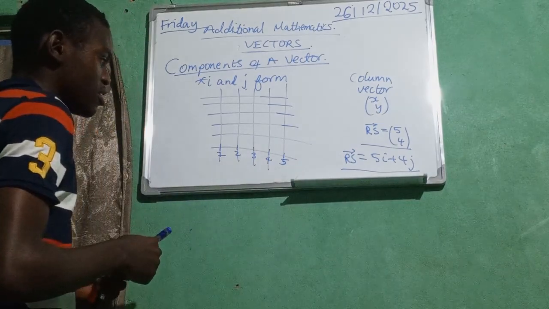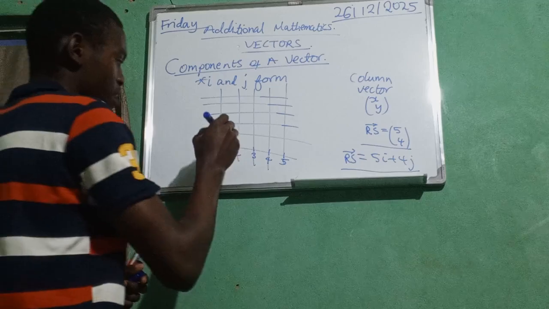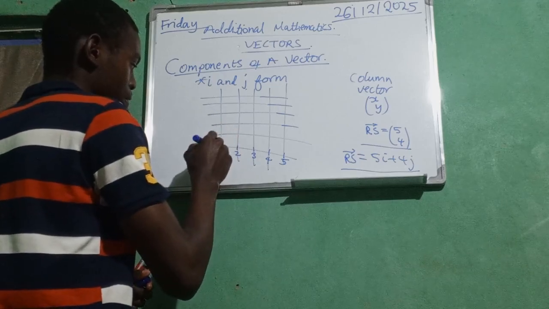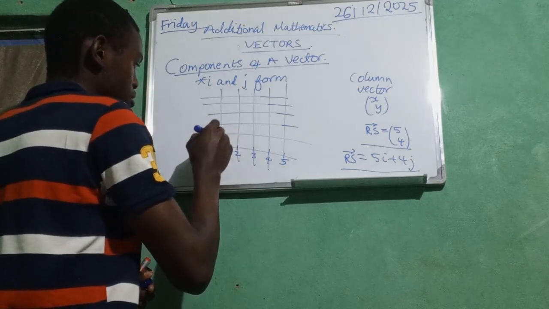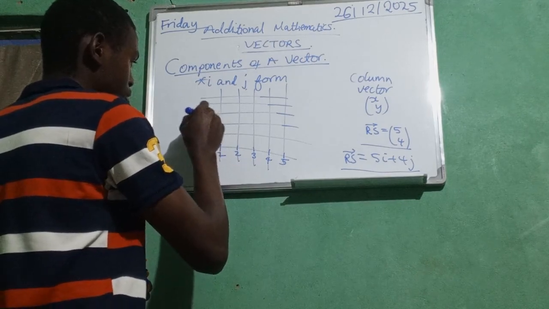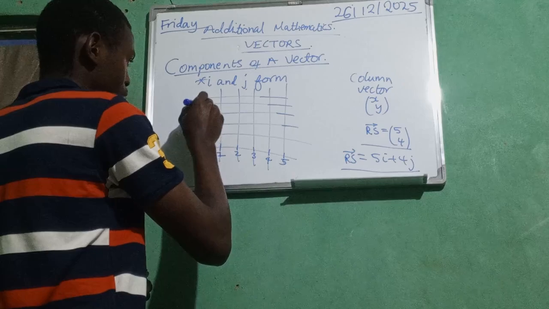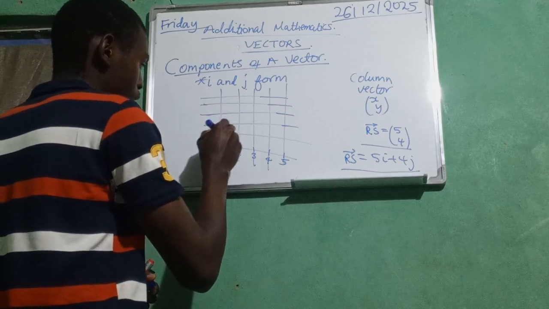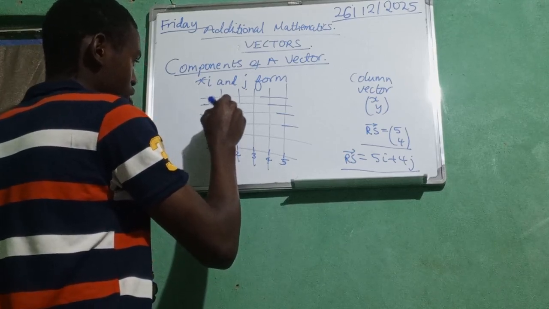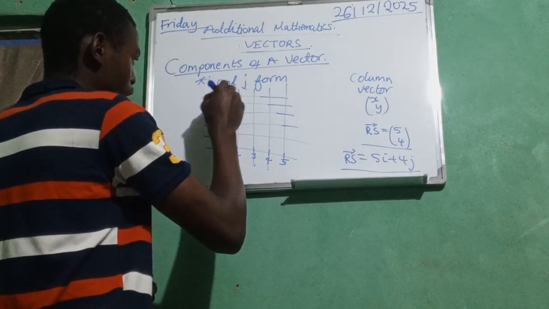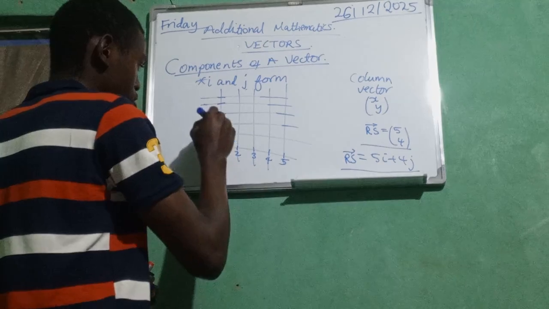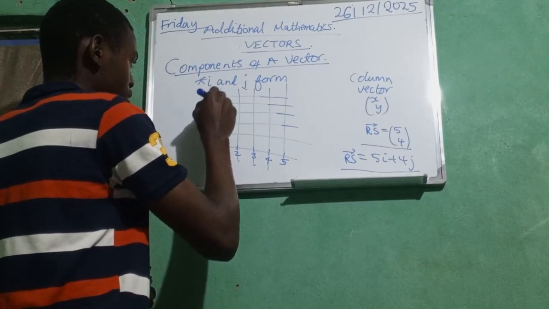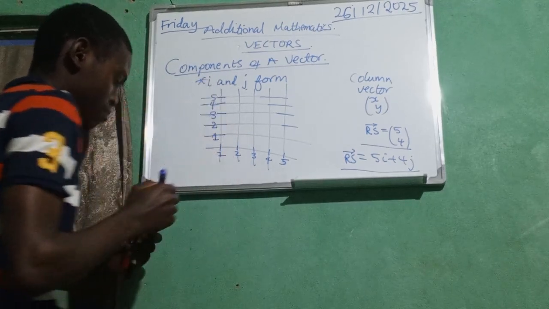And then movement in the y-axis, we can call this our 0. Our 1, 2, 3, 4, 5.